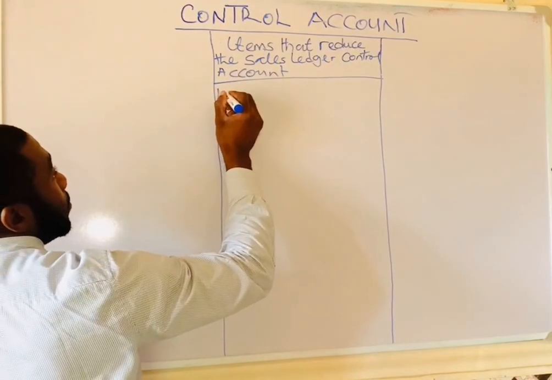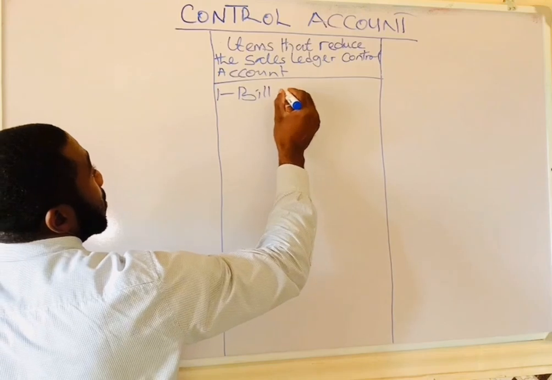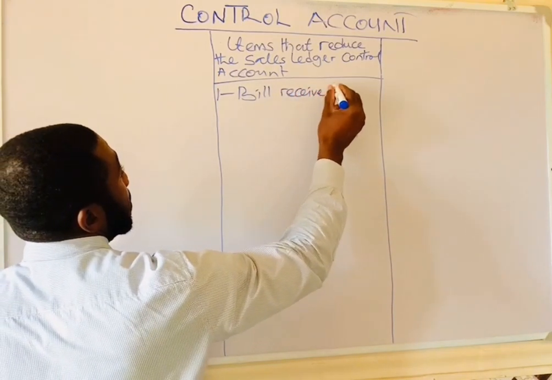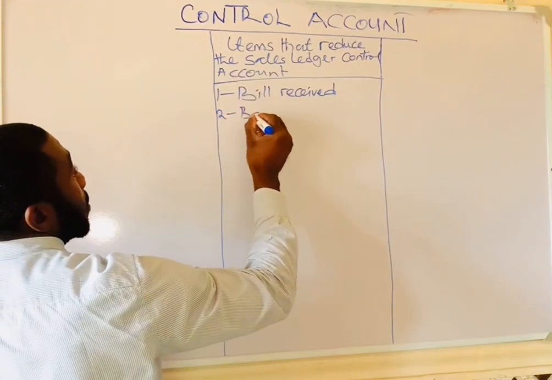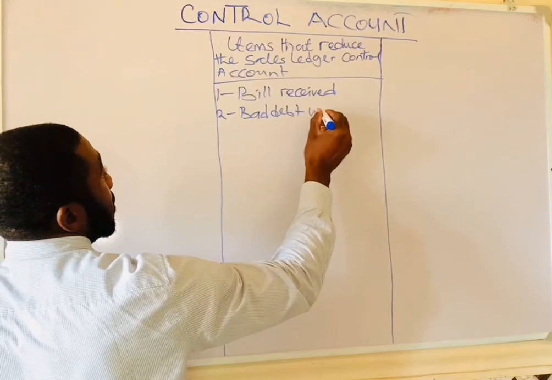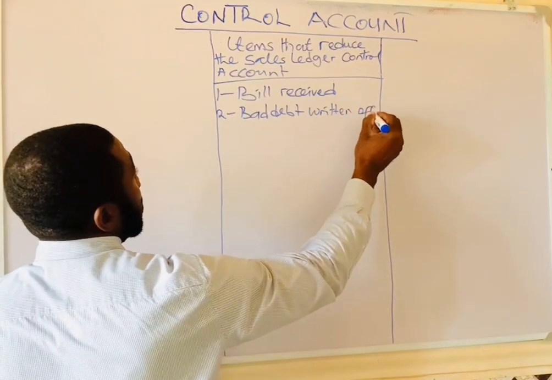One, bills received. Two, bad debts written off.